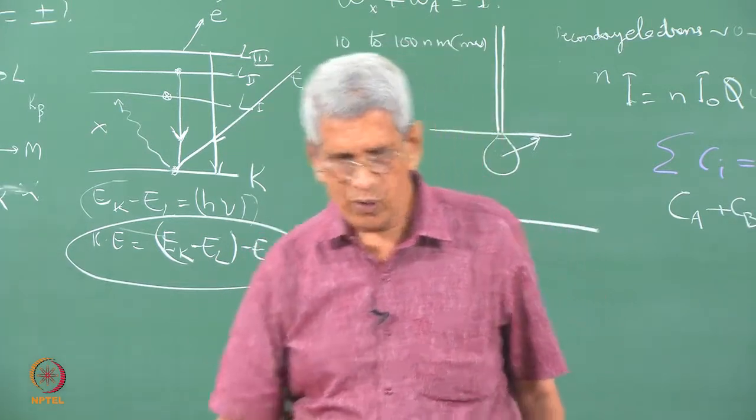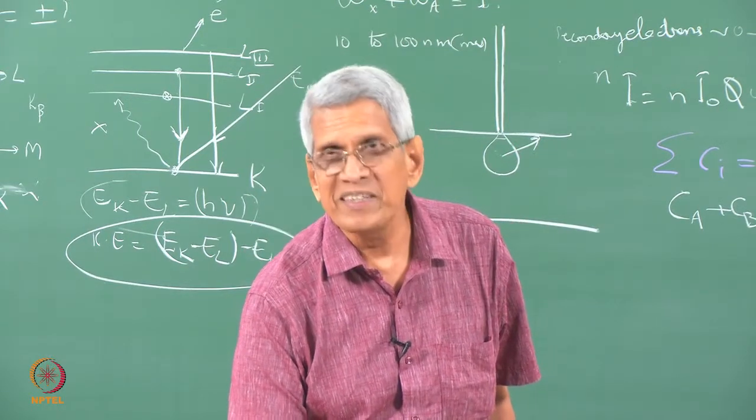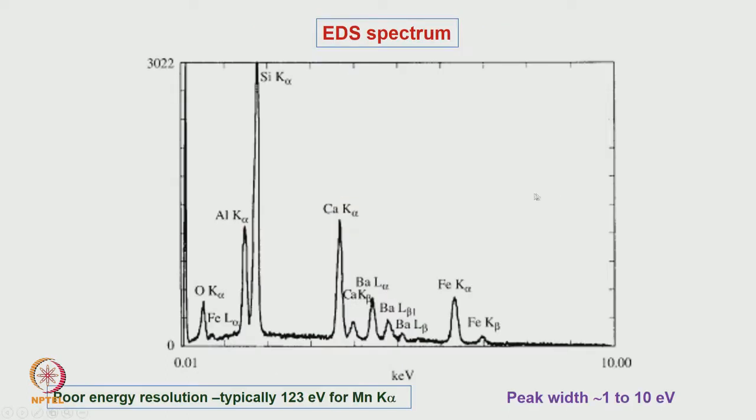Okay. So, one cannot compromise. One has to introduce the detector in such a way that it does not affect the performance of the pole pieces, because in no way should the pole piece be affected. Okay. That puts some limitation on what sort of analysis could be performed using EDS in a microscope.